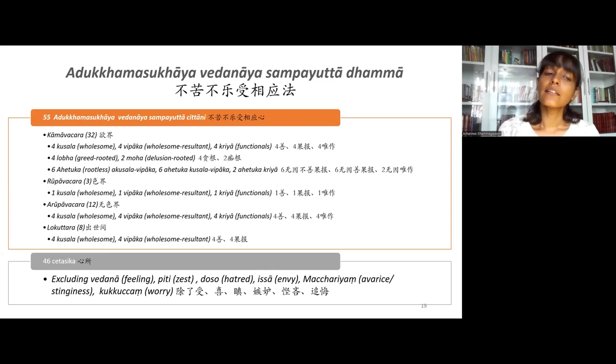And the Rūpāvachara, Arūpāvachara, and Lokuttara Chitta all belong to the 5th jhana according to the 5 jhana system. And the 46 Chetasika, we deduct from 52 Vedanā, Pīti, Dosa, Issa, Maccariya, Kukkucca, and that is how we get the 46.